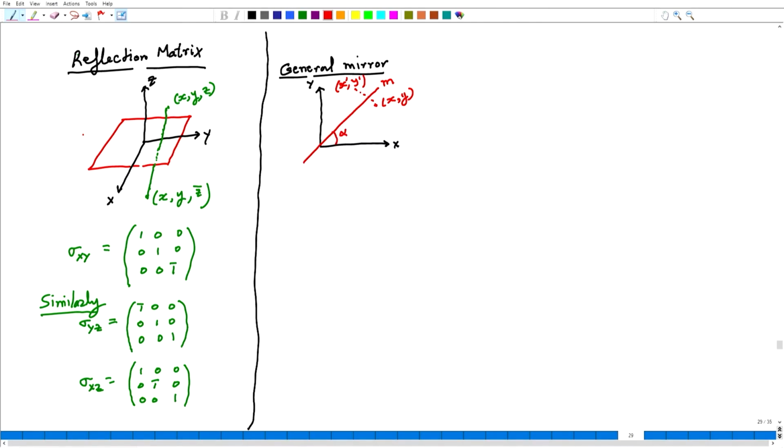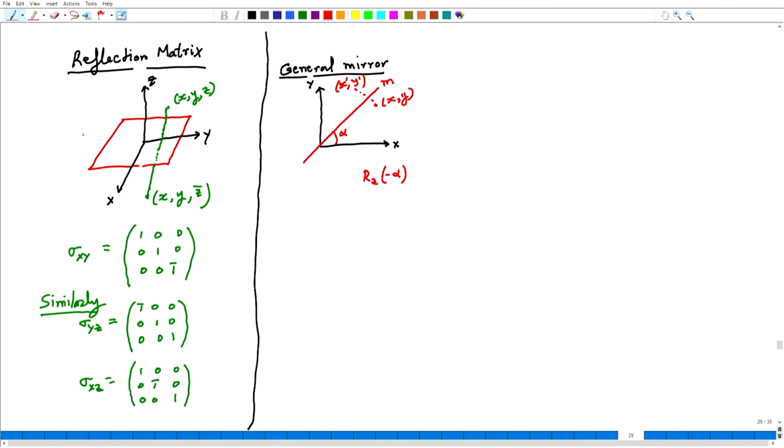First of all, I will bring this mirror into the xz plane such that the y axis is normal to the mirror. So, I rotate through minus alpha, that is, I am rotating through an angle of alpha in the clockwise direction if alpha is positive. So, Rz minus alpha will bring the mirror into the xz plane.